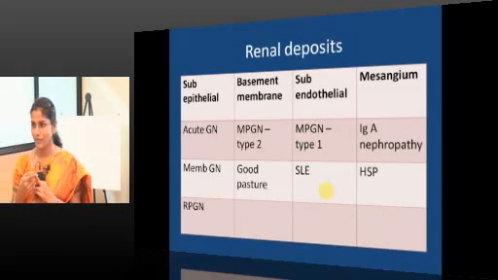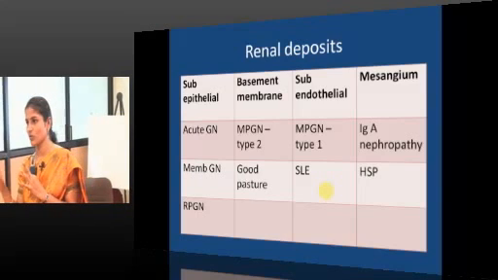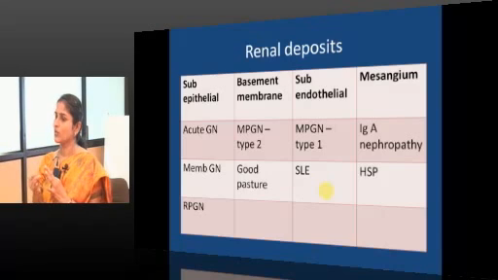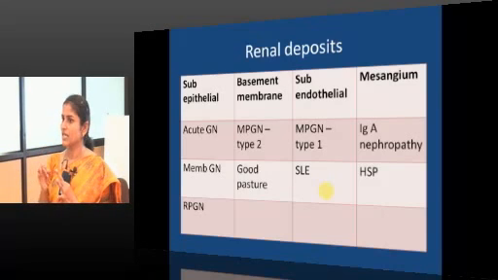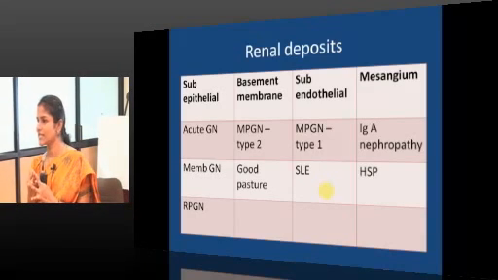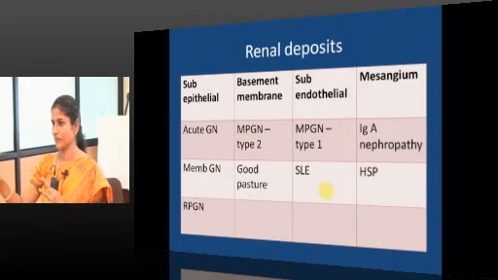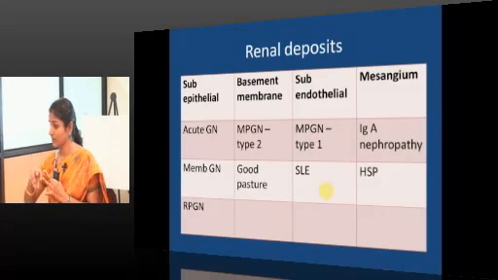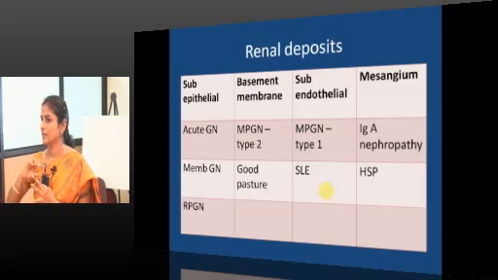And second will be the basement membrane, you know, Goodpasture, no doubt about it. It is basically against the membrane, so you will have linear deposits along the membrane. Another pathology that attacks the membrane is MPGN type 2. It is also called dense deposit disease, where it has dense deposits on the membrane. So, for MPGN type 2 and Goodpasture syndrome, the preferred location for the immune complex deposits would be the membrane.